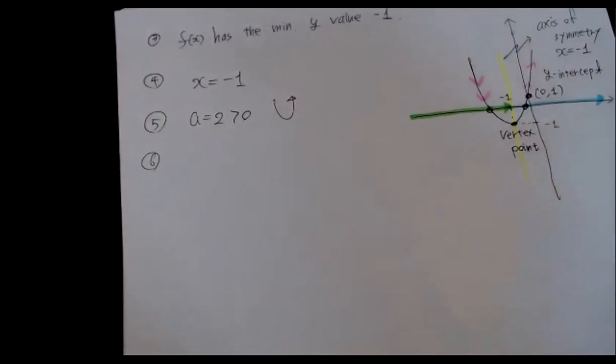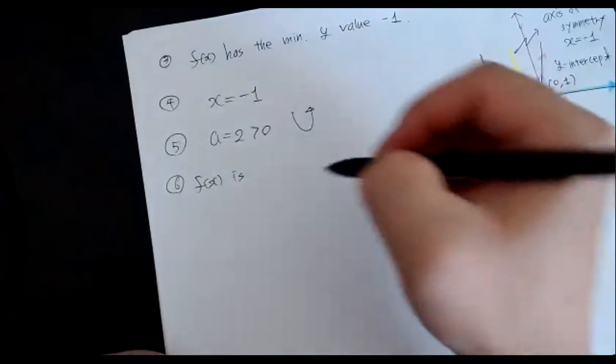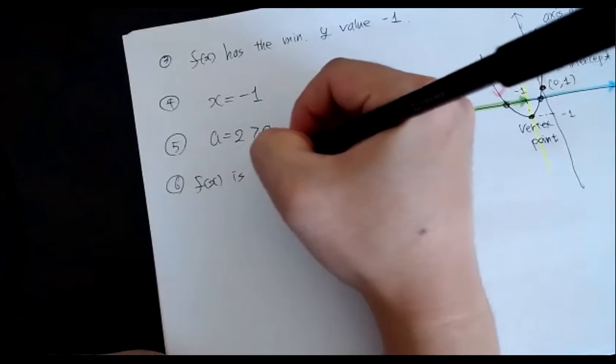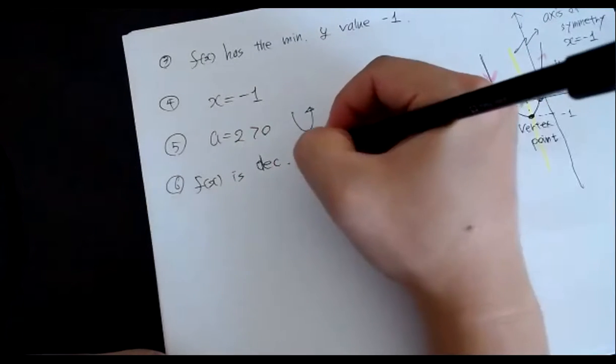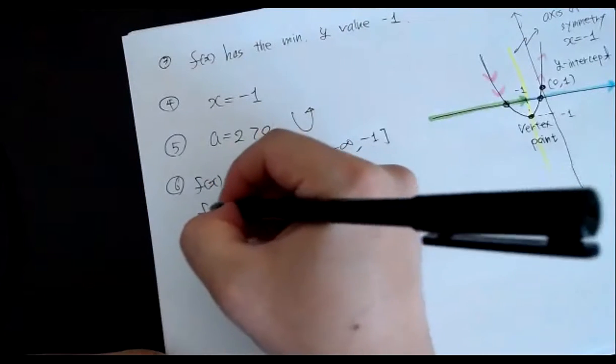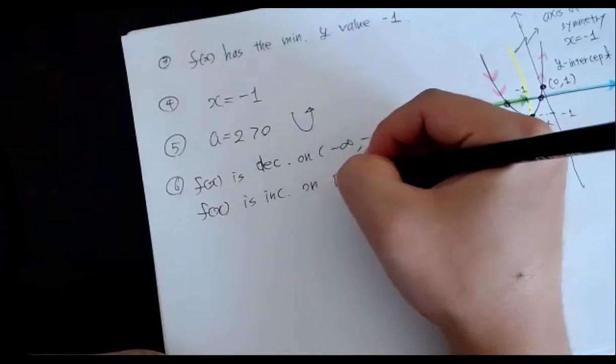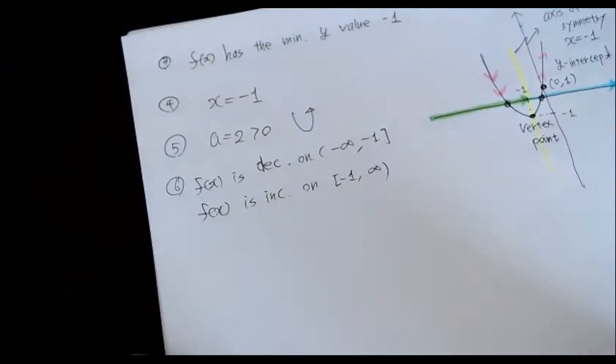So we can say f(x) is decreasing on negative infinity to h, which is -1, and f(x) is increasing on -1 to infinity.